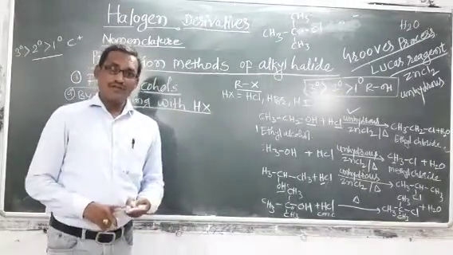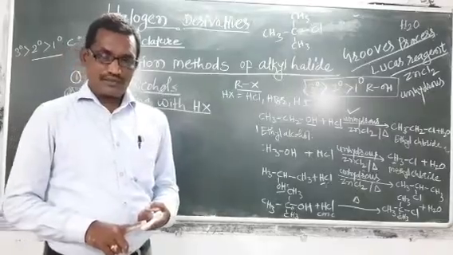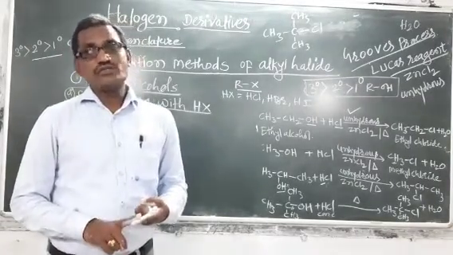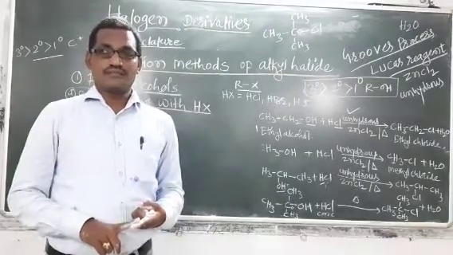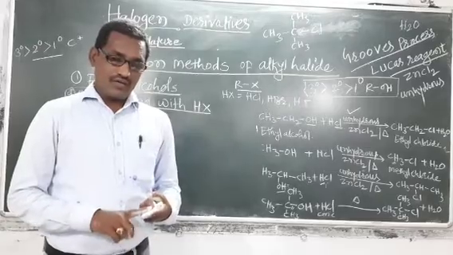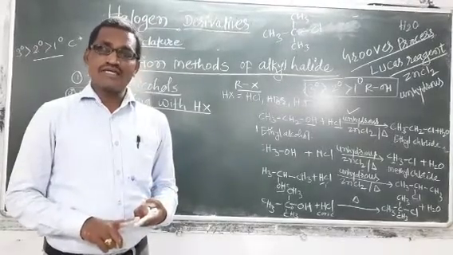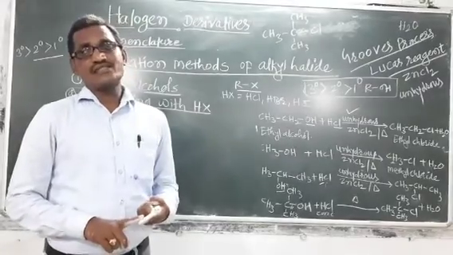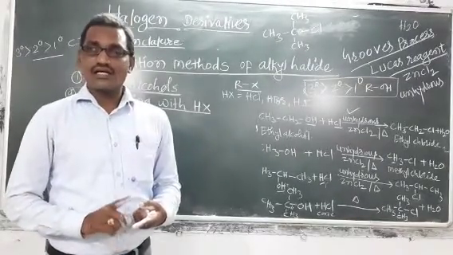In this method we have prepared alkyl chloride from alcohols by using hydrogen chloride. In this reaction, when alcohol is reacted with hydrochloric acid in the presence of a suitable reagent, that is anhydrous ZnCl2, it gives alkyl chloride.